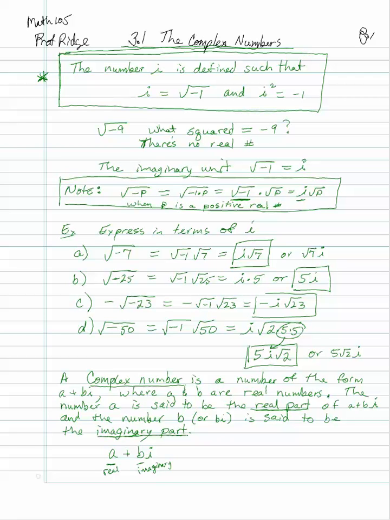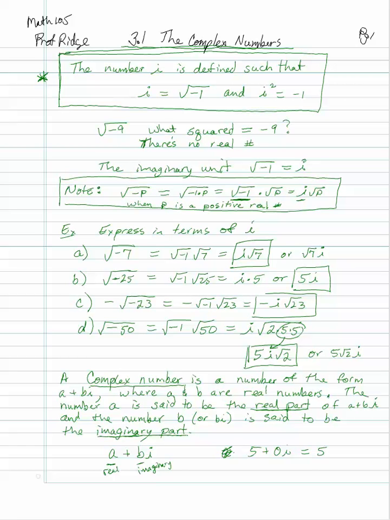Okay, so a plus bi is a complex number. Now if b is 0, so if I had like 5 plus 0i, that just equals 5. So 5 plus 0i is a complex number, 5 is a complex number, but we also know 5 is a real number.